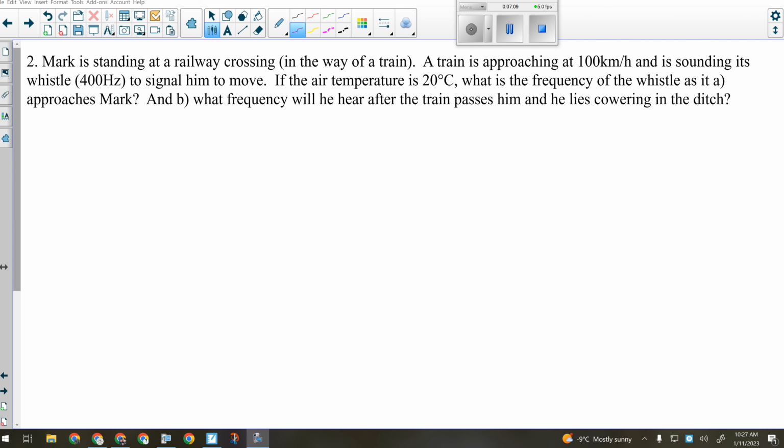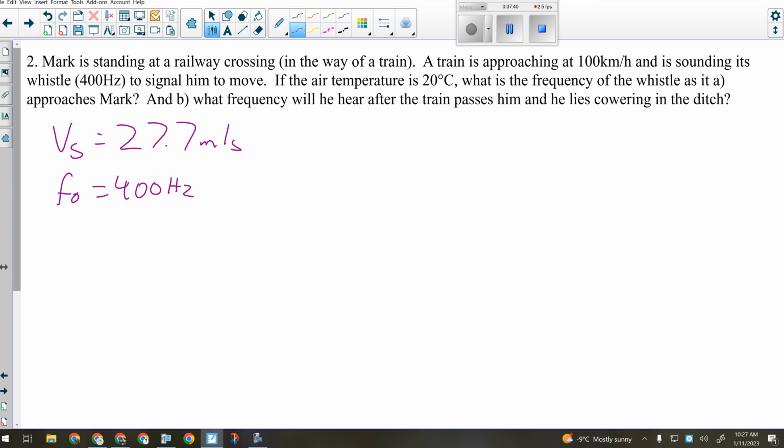For number 2, standing at the railway crossing in the way of the train. So not smart. The train is approaching at 100 kilometers per hour, so I've got to convert that to meters per second. It's going to be 27.7 meters per second. Sounding its whistle at 400 hertz, so that's the actual frequency.